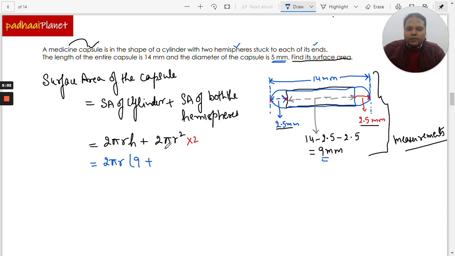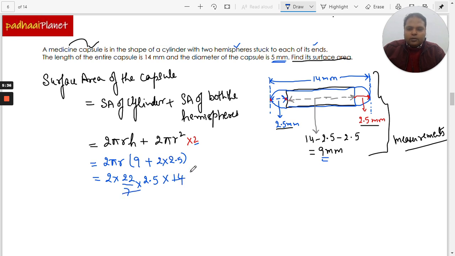So 9 plus 2 pi r has gone outside. So this 2 is here. So 2 multiplied by r. r meaning 2.5, right? So let's further simplify it. 2 multiplied by 22 by 7 multiplied by r meaning 2.5, and what we get from the bracket is 14, right?